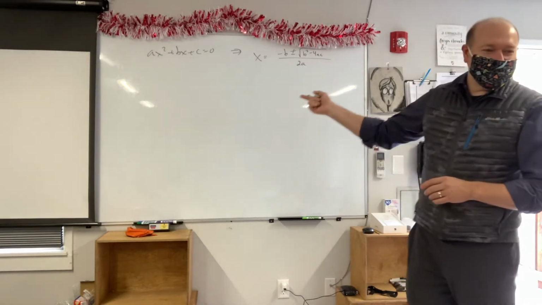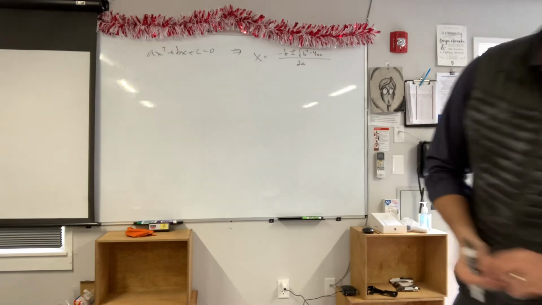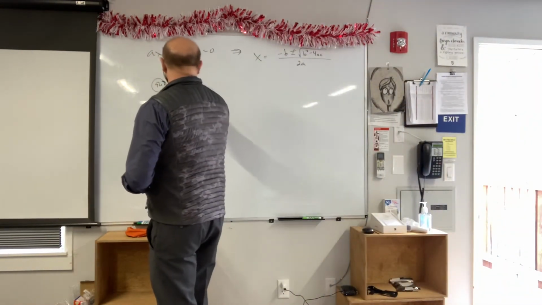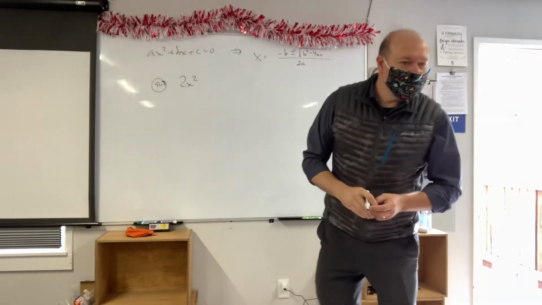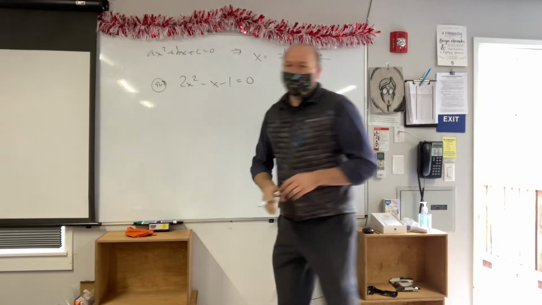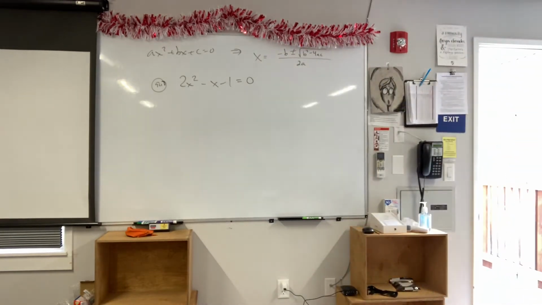Okay, so with this one, let's go for it. Use the quadratic formula to solve this. This is number 94: 2x squared minus x minus 1 equals 0. We could do this by the Xbox 360 method, right, because of the little 2 in front?